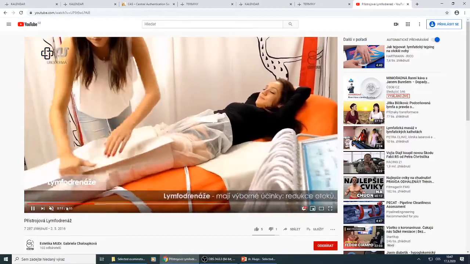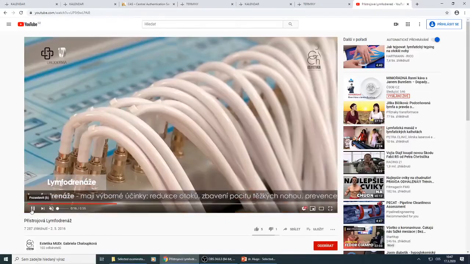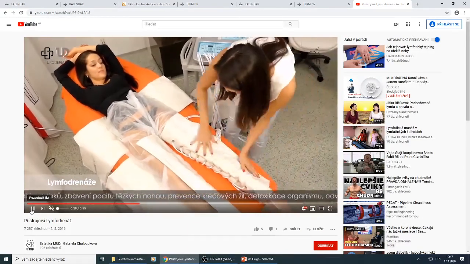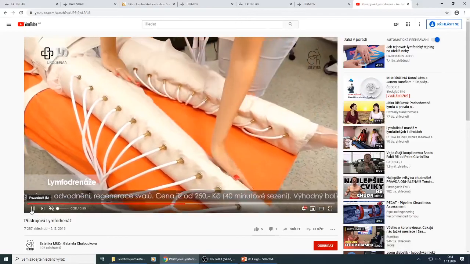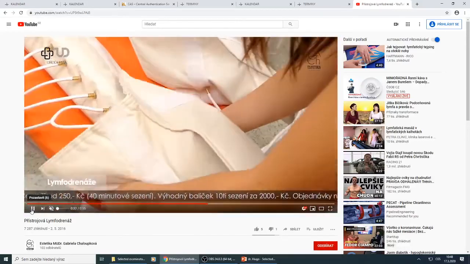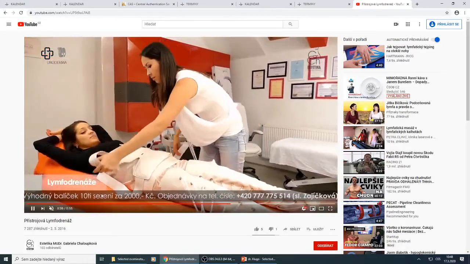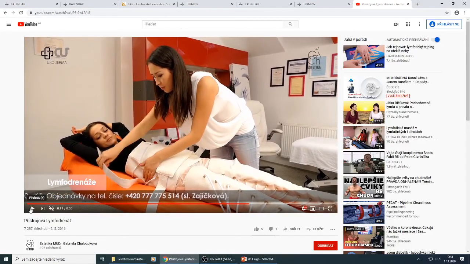It differs if you want to remove some edema on upper limbs after, for example, some mastectomy, where the patients have quite often the iatrogenic lymphatic edema, or if you want to affect lower limbs where there is typical lymph edema after some infections, typically erysipelas, the streptococcal cellulitis, which unfortunately in many cases harms the lymphatic veins in lower limbs, and then you're fine, the infection is over, but there is still the edema.